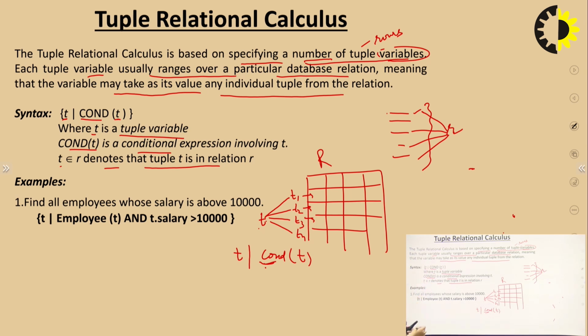See the example: find the employees whose salary is above 10,000. So the condition is employees whose salary is above 10,000.